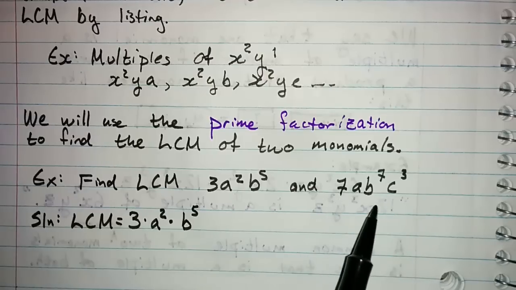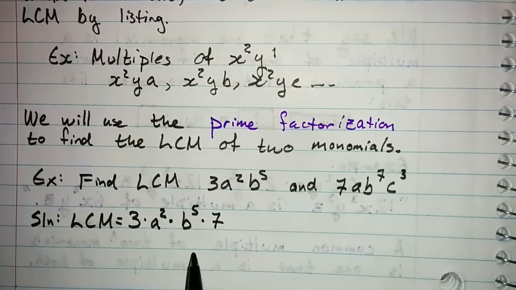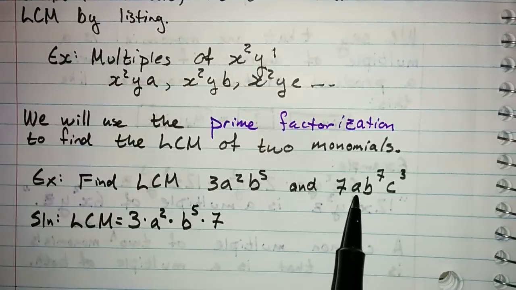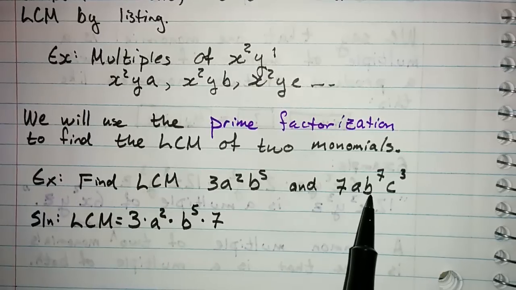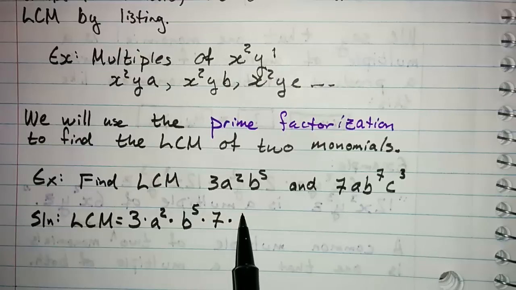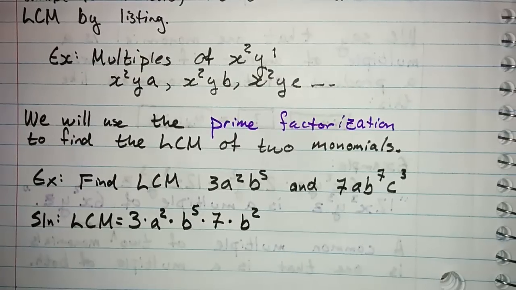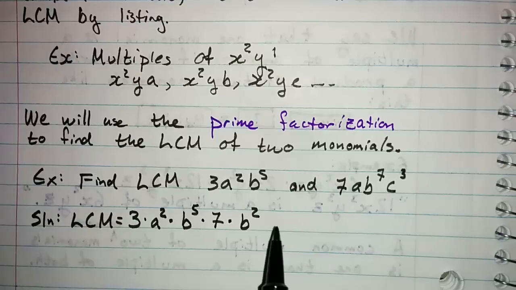To be a multiple of this monomial, well, it's going to need to have a 7. It's going to need to have at least one a, but it already has 2 a's. It's going to need to have at least 7 b's. It already has 5 b's, so it needs 2 more. It's going to need to have at least 3 c's.